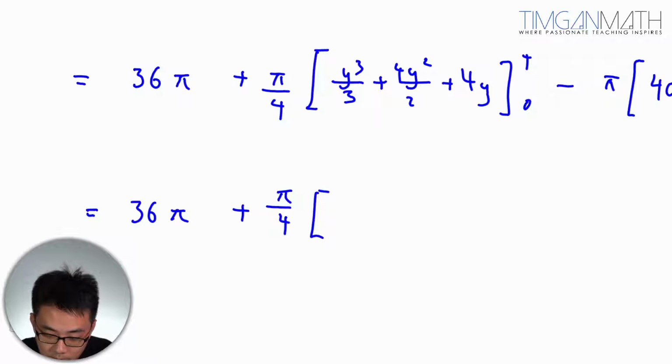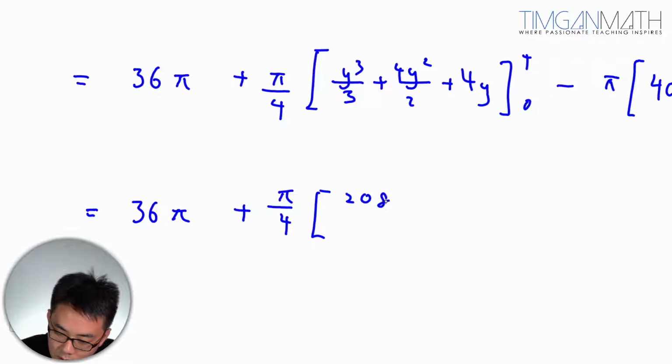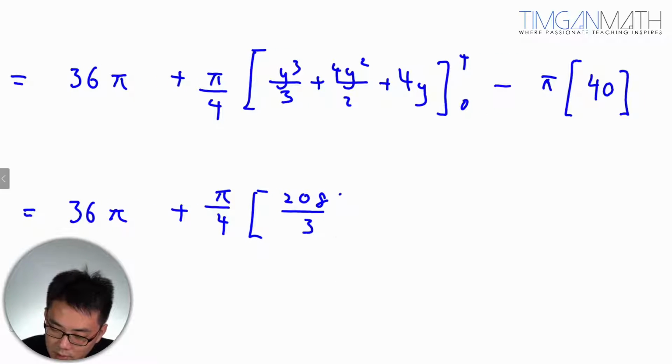So this will be, solve this as 4 is 208 over 3, minus 0, which is 0.